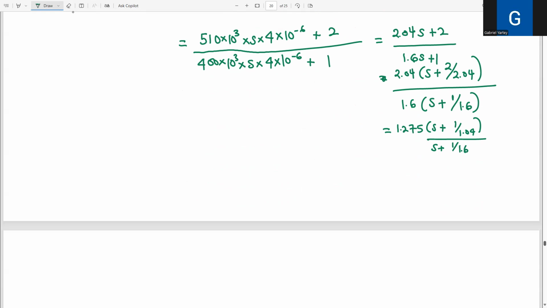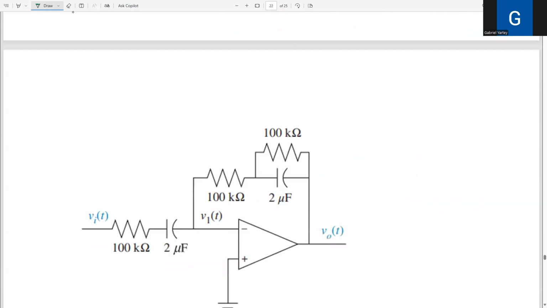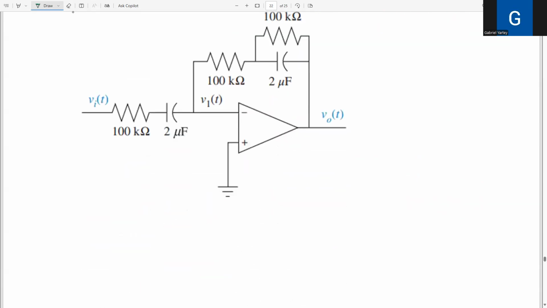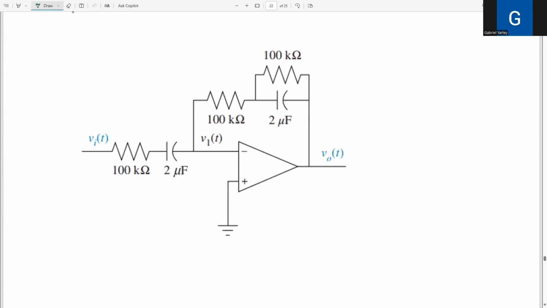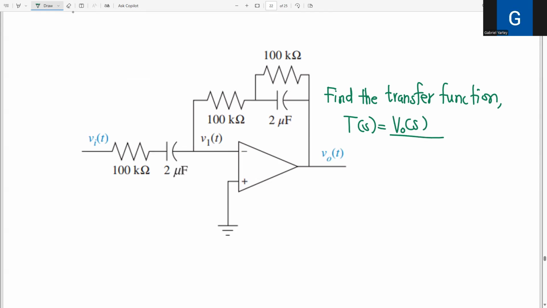Right? So I'm going to leave some for you to try. I don't want to do it all. So you can find the transfer function. Transfer function for you and your friends to solve. Transfer function T of s is equal to V o of s over V i of s.